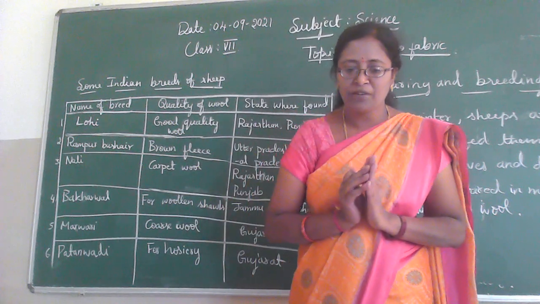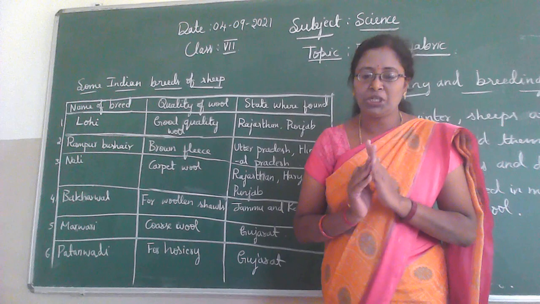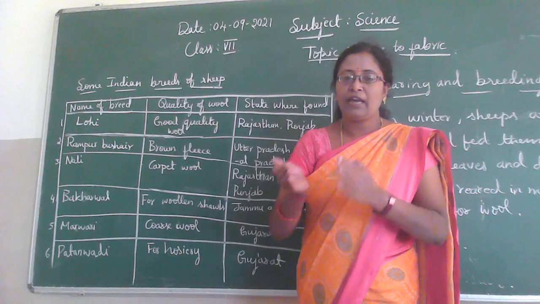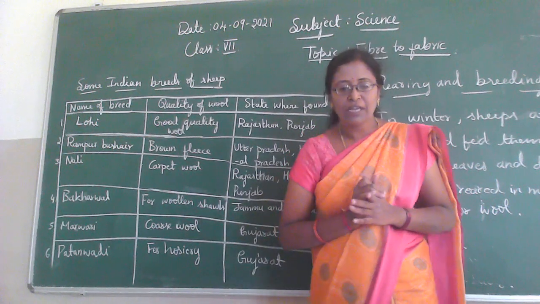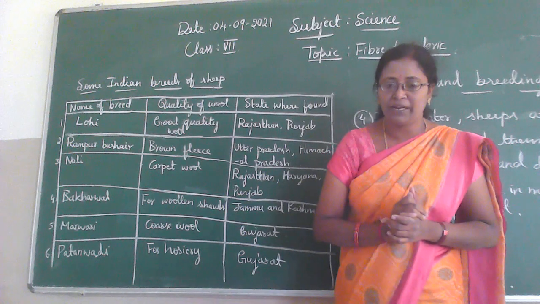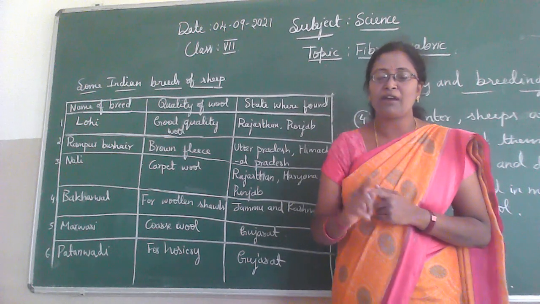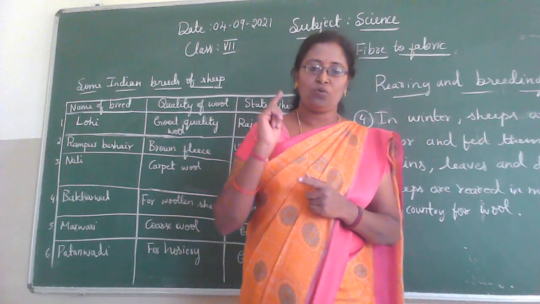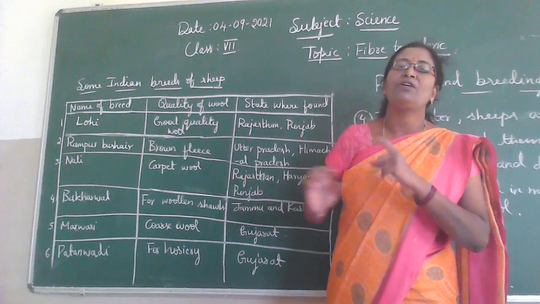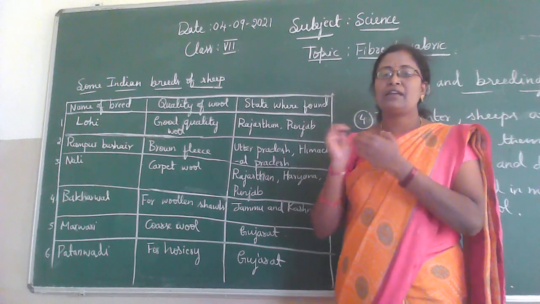All the sheep are selectively bred with one parent being a sheep of good wool or good breed. One parent is a good quality breed. That's how they selectively breed it.